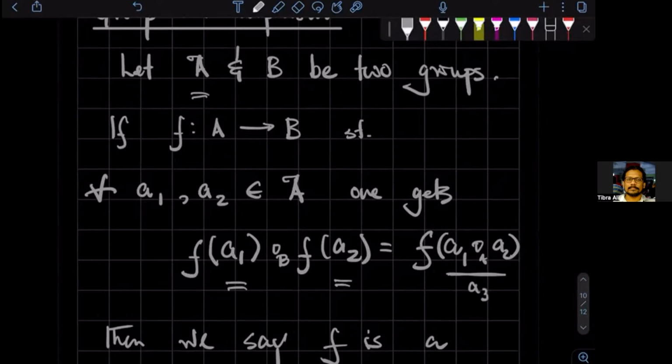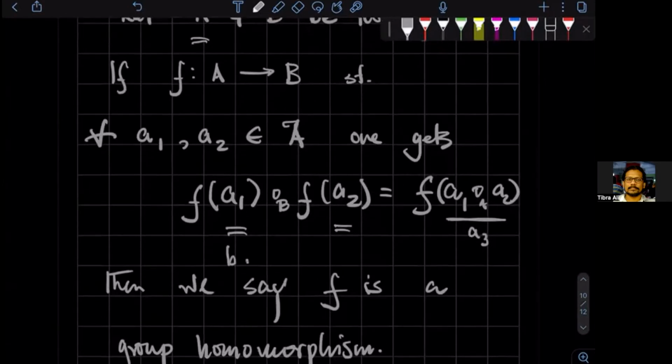Then if I apply the map individually to A1 and A2, I get B1 and B2, and when I multiply B1 and B2, it should be the same as if I apply F on A1 times A2, which should give me B3.